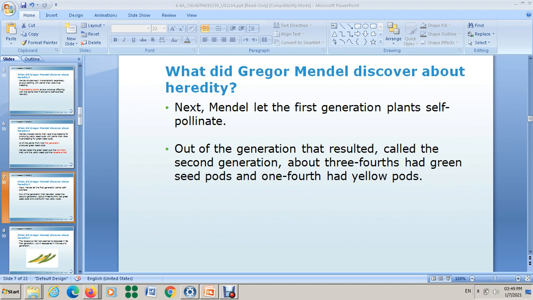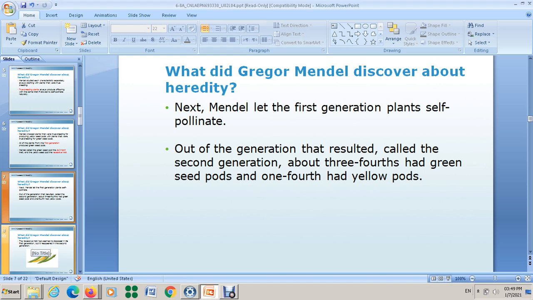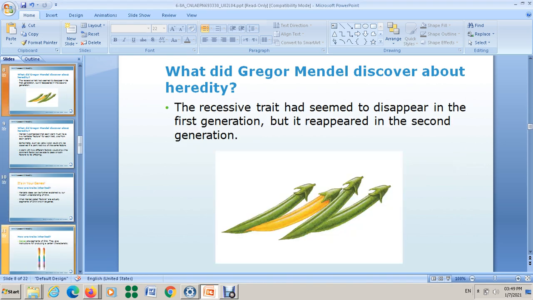He found the yellow color started to appear again. Out of the generation that resulted, called the second generation, about 3/4 had green seed pods and 1/4 had yellow pods. Look at this. The recessive trait had seemed to disappear in the first generation, but it reappeared in the second generation.